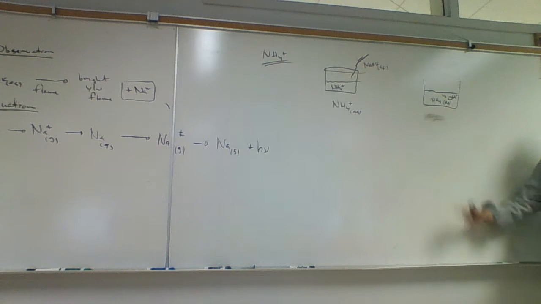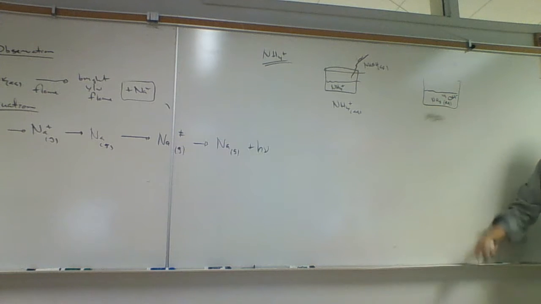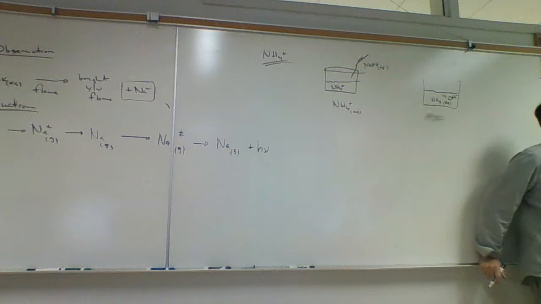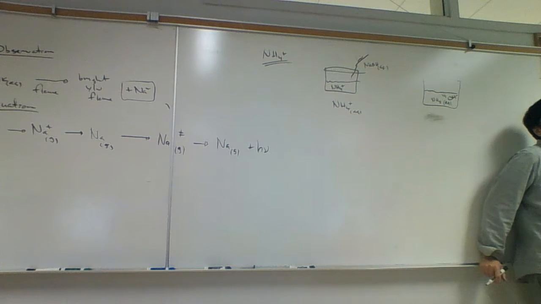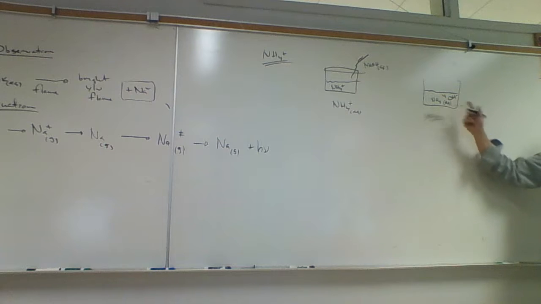And so we need to separate these two bases. We need to separate the ammonia from the hydroxide. Do you know how we can separate the ammonia from hydroxide? Well, the acid will attack both because both of these are bases.